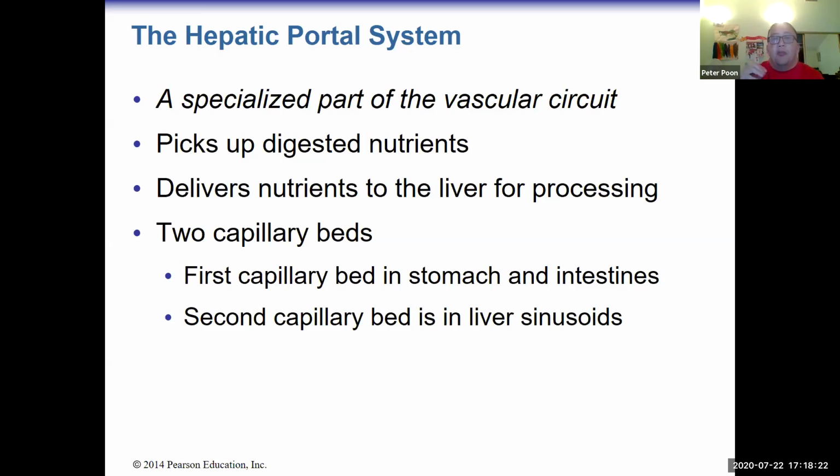So what happens is you have something called a portal system. Remember the standard is artery, capillary, vein. A portal system is artery, capillary, vein, capillary, vein.